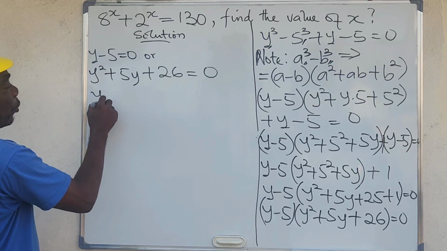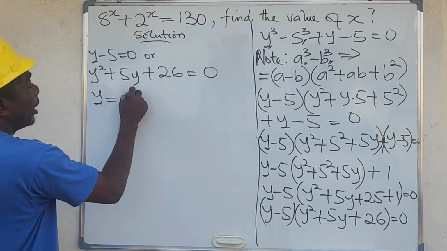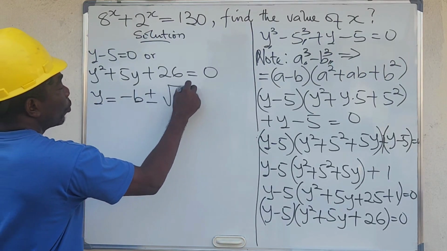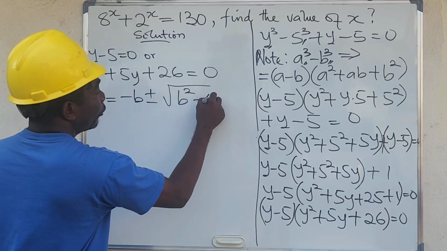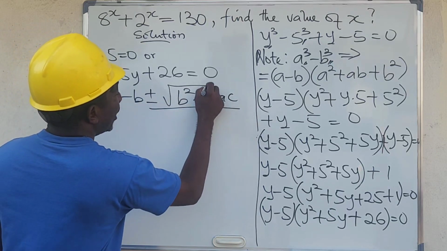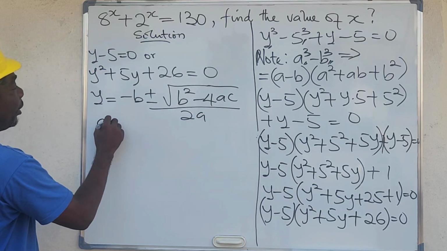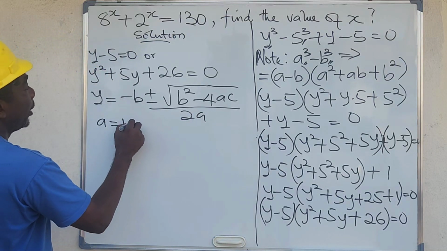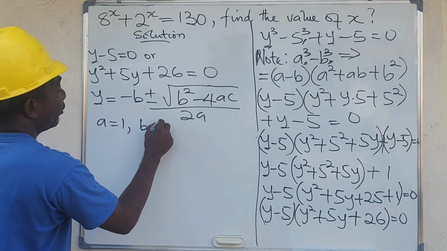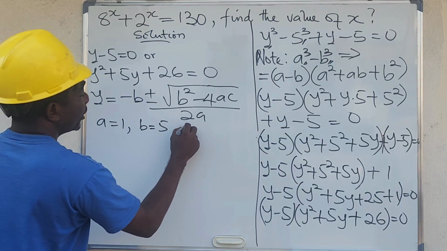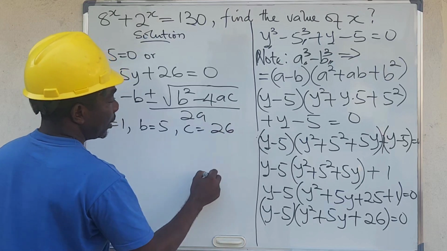Recall that y equals minus b plus or minus the square root of b squared minus 4ac, all over 2a. In this case, our value of a equals 1, our value of b equals 5, and our value of c equals 26.